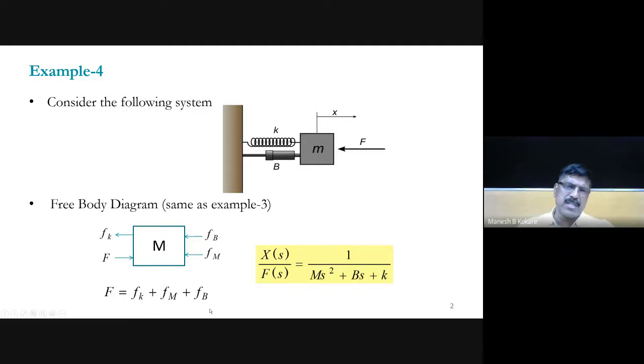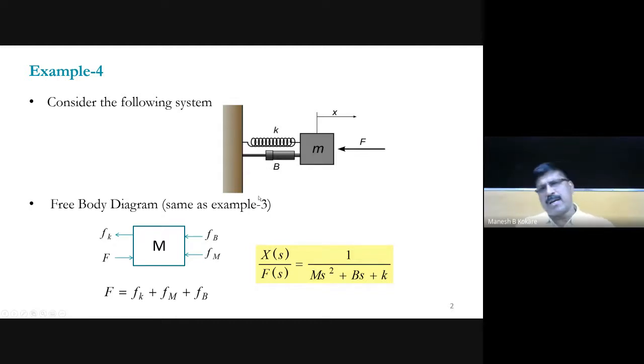If you take the Laplace transform and find the transfer function, where the output is the displacement and the input is the applied force, the Laplace transform of the output variable to the Laplace transform of the input variable is the transfer function. So X(s) by F(s) is equal to 1 by ms square plus bs plus k. This will be the transfer function of this system.